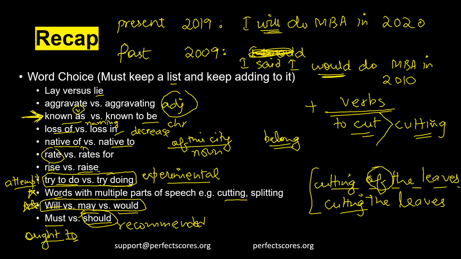Always prefer the "to" form as compared to the "ing" form. Right, this is something very important, and this is something that you will use in a lot of sentences too. So those are some of the word choices that you need to make and keep adding to this list.